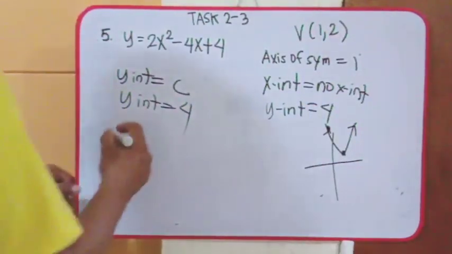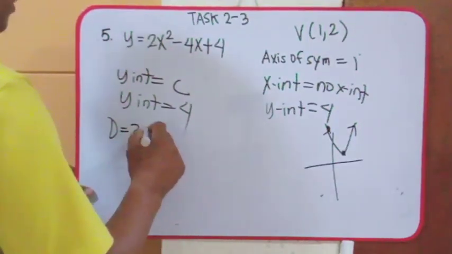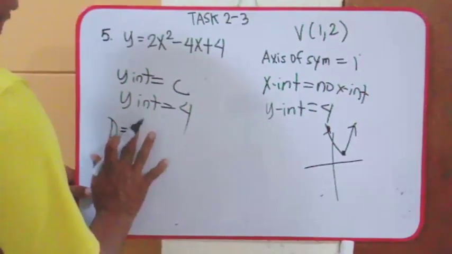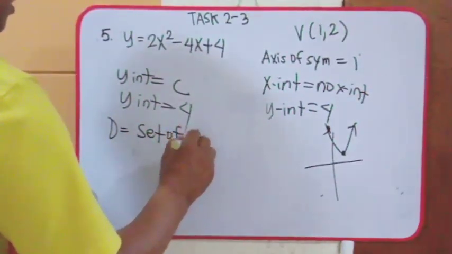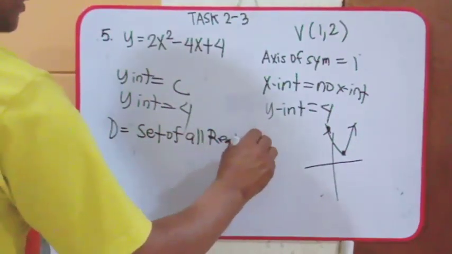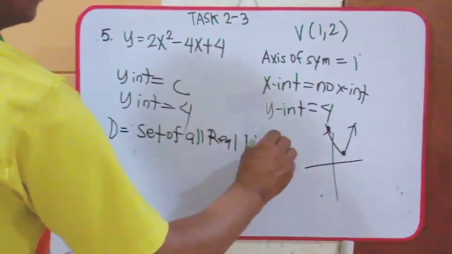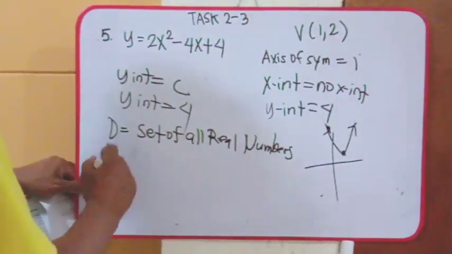Next, what is our domain? Si domain, pinakamadali, set of all real numbers. Yan yung una ko laging sinasagutan nung nag-uumpisa pa ako sa math, yung pagkuha ng domain. And range.